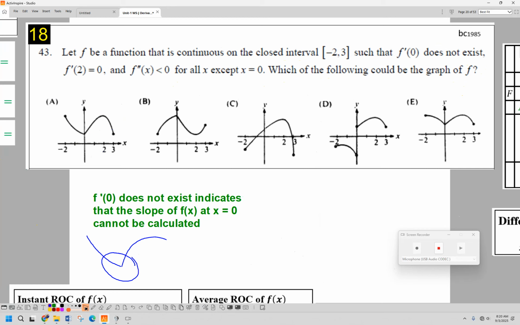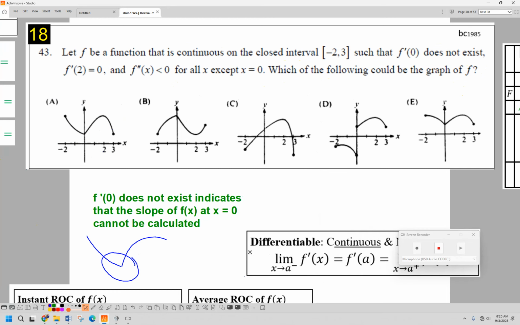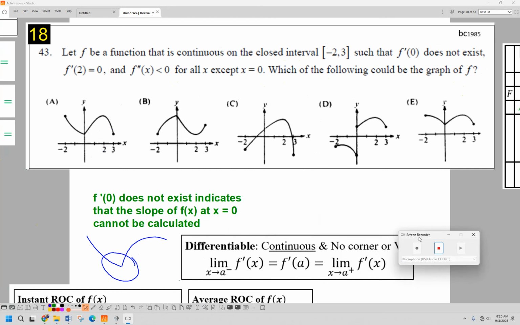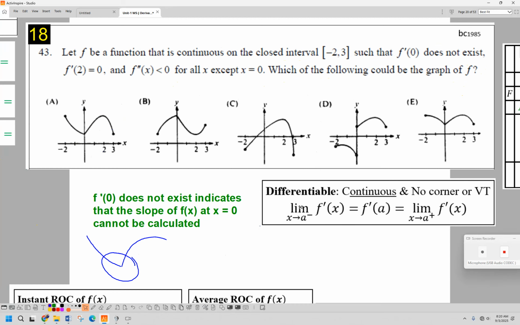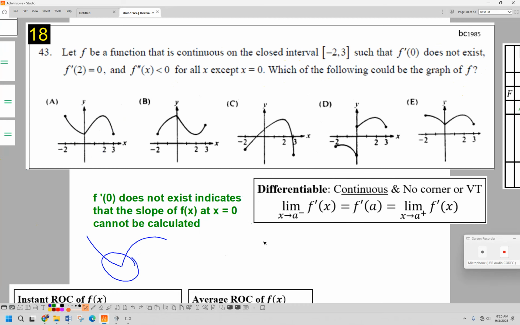There's a box on your reference sheet to remind you of this. It looks like this. It says that a function is differentiable if the function is first continuous. You can't find a slope at a discontinuity for this same reason, that you can't get the two secant slopes to have the same value.